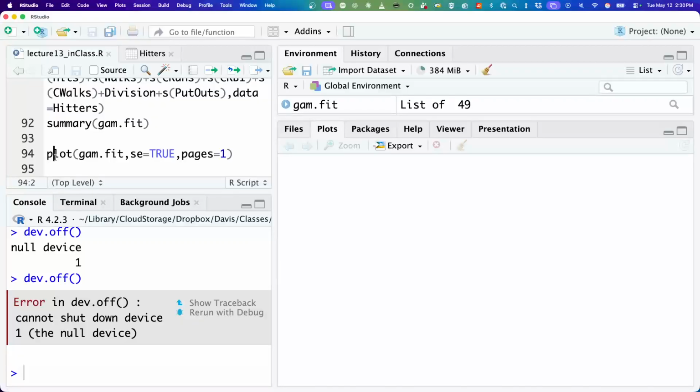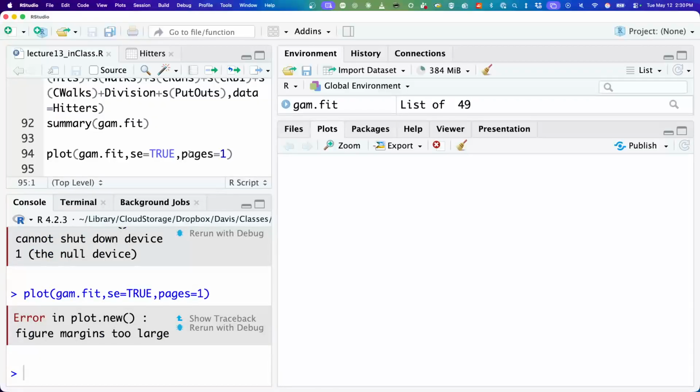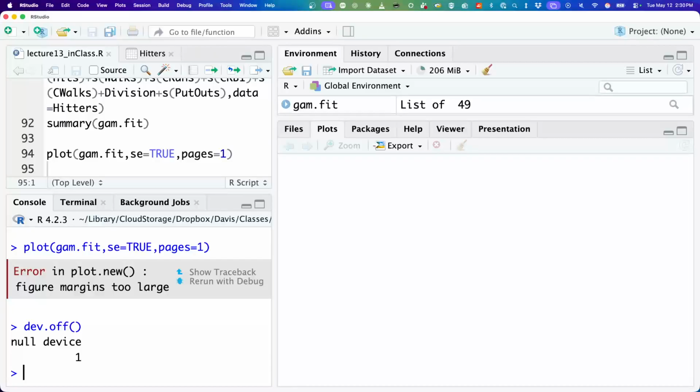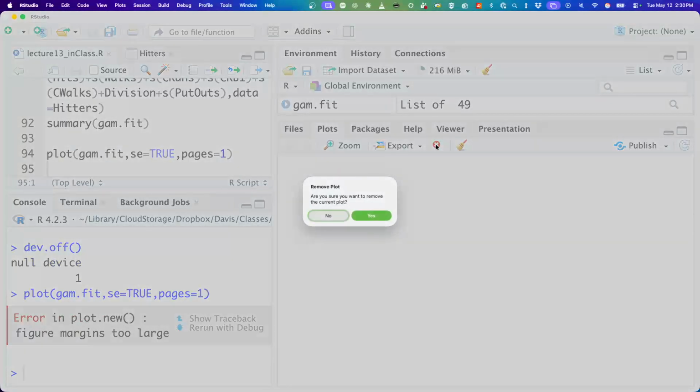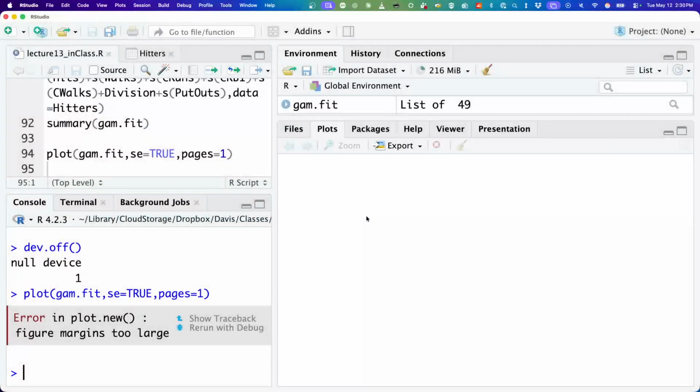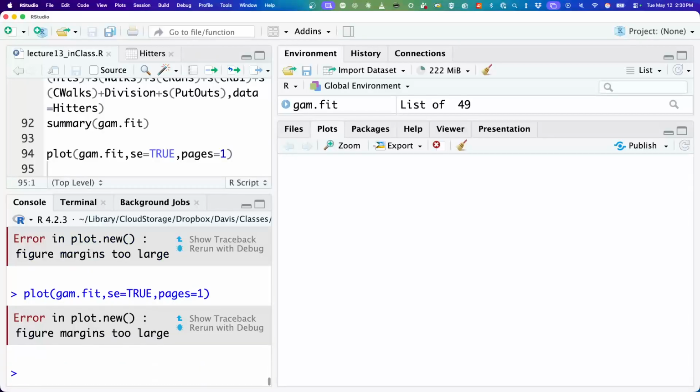Okay, one more time. Okay, what if I do this?